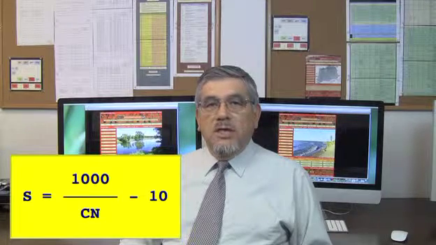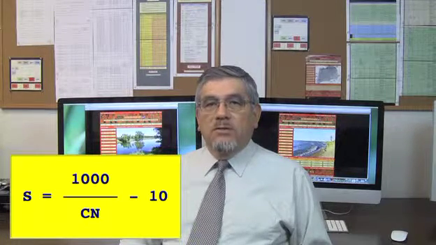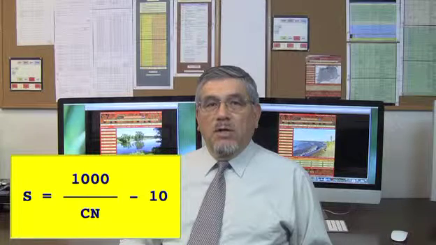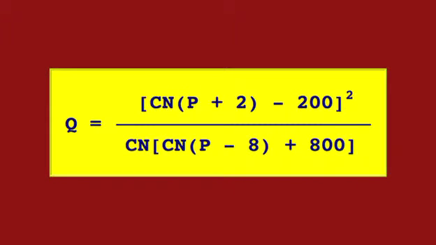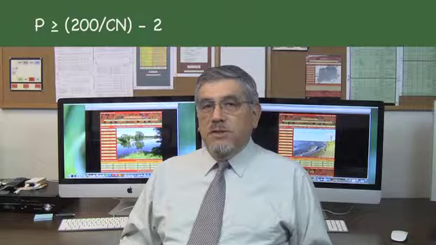Conversely, for CN equal 100, it follows that S is equal to 0, clearly the lower bound for potential retention. In terms of CN, the standard runoff curve number equation is, which is physically subject to the restriction P greater than or equal to 200 over CN minus 2.